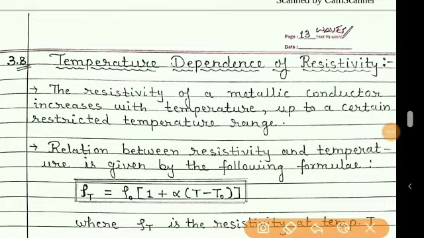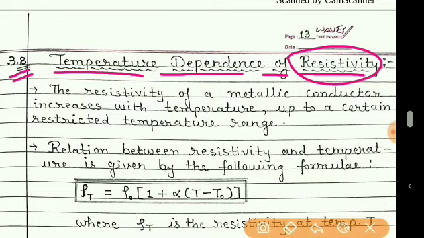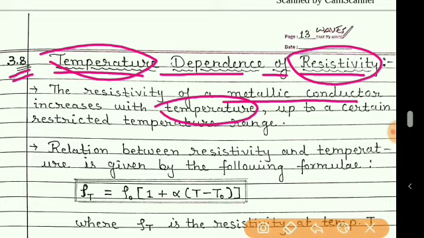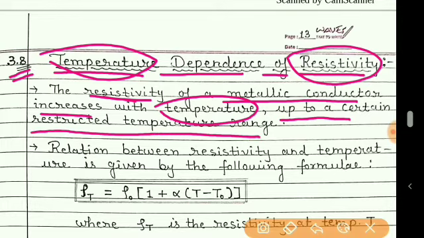Now about topic number 3.8, temperature dependence of resistivity. That means how the resistivity changes with respect to temperature. Students, for a metallic conductor, as the temperature increases, its resistivity will also increase, but that is up to a certain restricted temperature range.